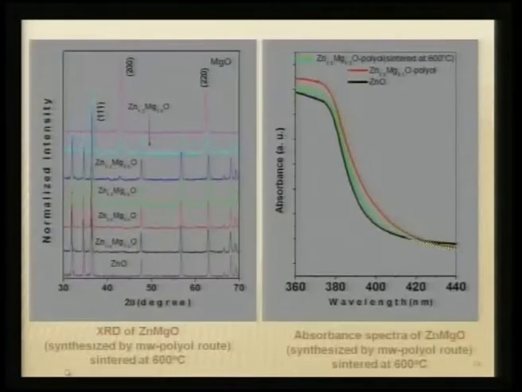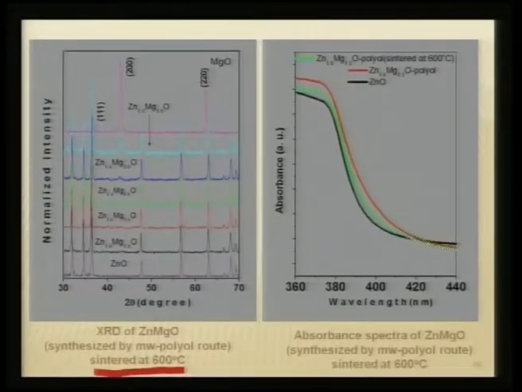If we go further to see what could be the reason, let us see if we can get any clue by heating those as prepared powders at 600 degrees C. Let us take the XRD of zinc magnesium oxide which is synthesized by polyol. Whatever we have seen in the earlier XRD spectra is that of the as prepared one.